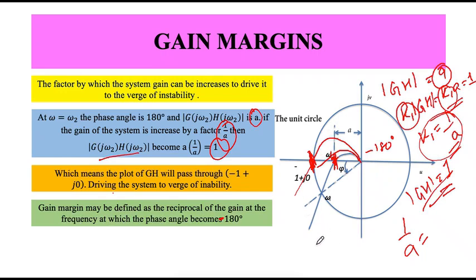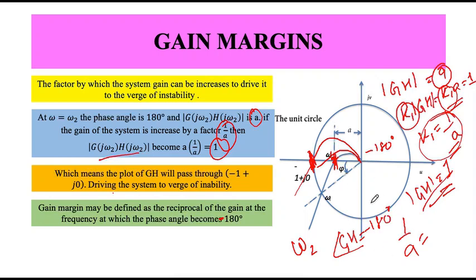At omega 2, the angle of GH is equal to minus 180 degrees. So at this omega 2, I calculate the gain. Now the gain margin is defined as the reciprocal of this A, the gain at this frequency omega 2 at which the phase angle is minus 180 degrees.